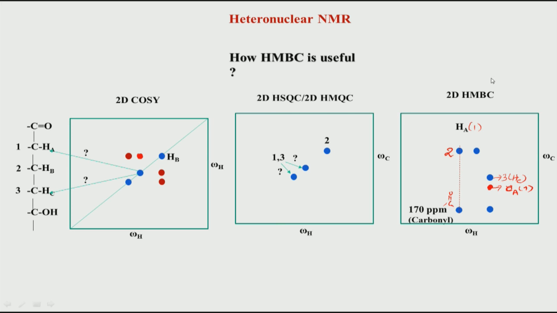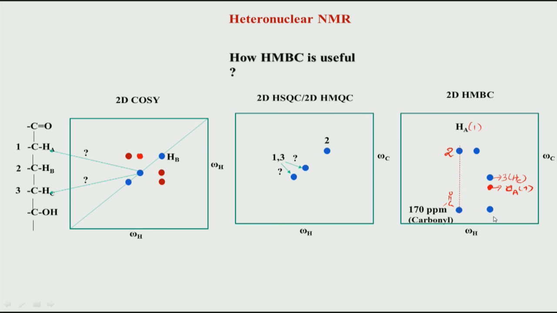So, this particular line, the last line here, corresponds to HB, which is here, and it is showing correlation to 3 peaks. This H beta is showing a correlation to 3, which is this carbon here, and to 1, which is this carbon here, and both of these are only 2 bonds away.